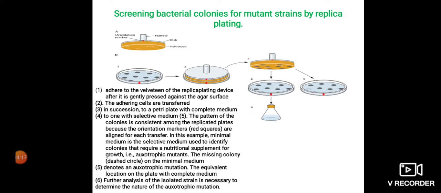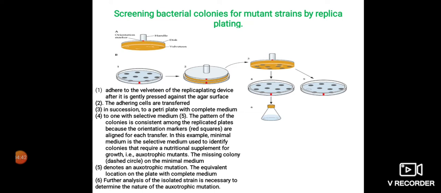The speciality of these replica plates is that they have the colonies at the same positions as the master plate. You can see the master plate in B, the first plate, which has a red dot, just to indicate the spot from which we see the positions of the colonies.